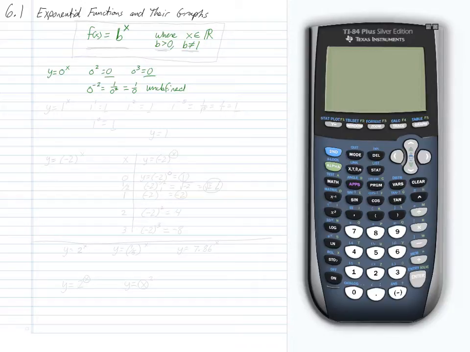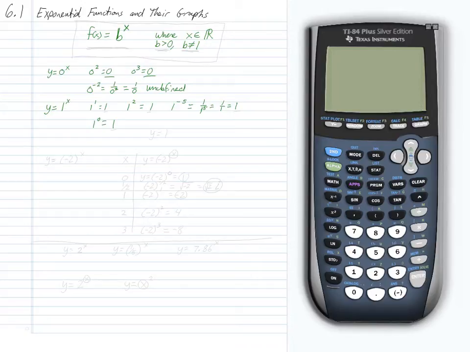Now the reason that we exclude the possibility of the base being 1: if we had y equals 1 to the x, well, 1 to the first would be 1, 1 to the second would also be 1, 1 to the negative fifth would be 1 over 1 to the fifth, which would be 1 over 1, which would be 1. No matter what we plug in, 1 to the 0, that's also 1, we always get 1. So this function is perfectly valid.